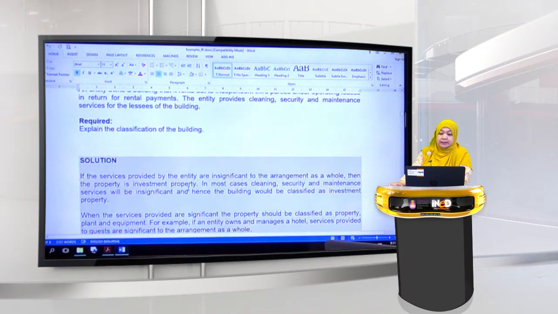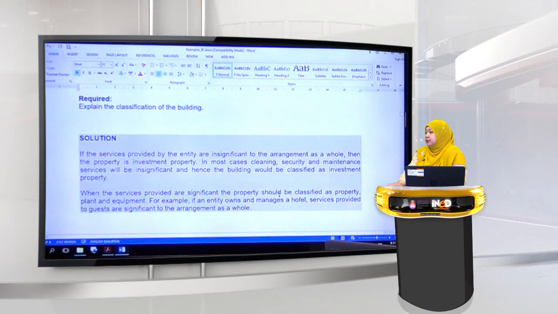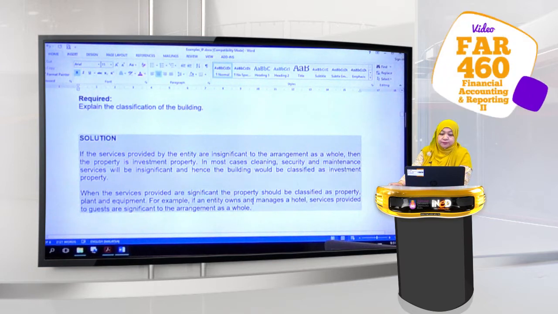In most cases, cleaning, security and maintenance services will be insignificant, and hence the building would be classified as investment property. If the ancillary services provided are significant, then the property should be classified under PPE. For example, if an entity owns and manages a hotel, the services provided to guests are significant to the arrangement as a whole.